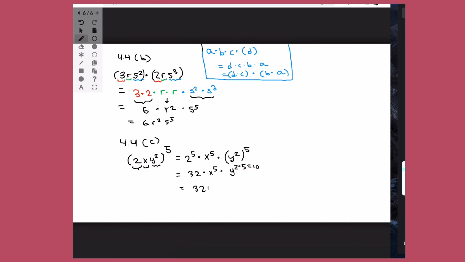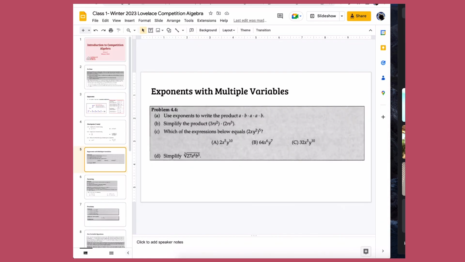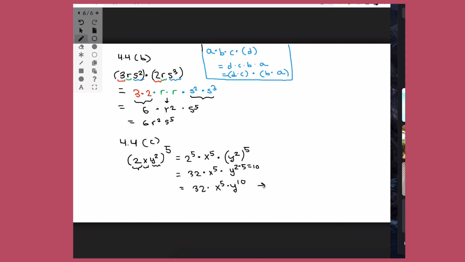So this is just 32 times x to the power 5 times y to the power 10. So I think that's what everyone got in the chat. Yeah, it should be choice C.